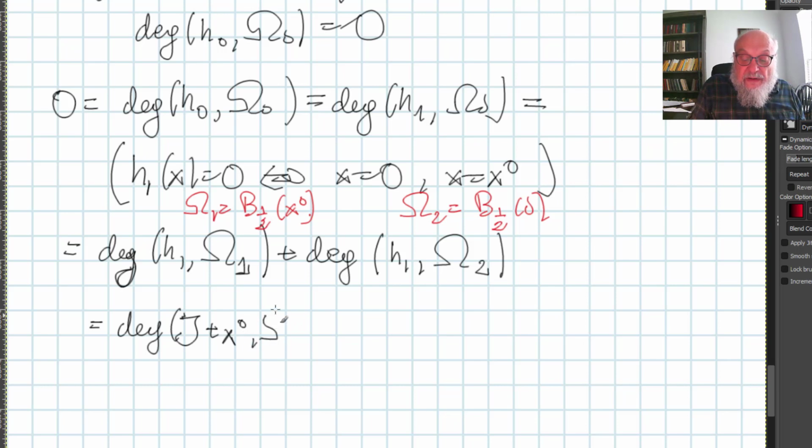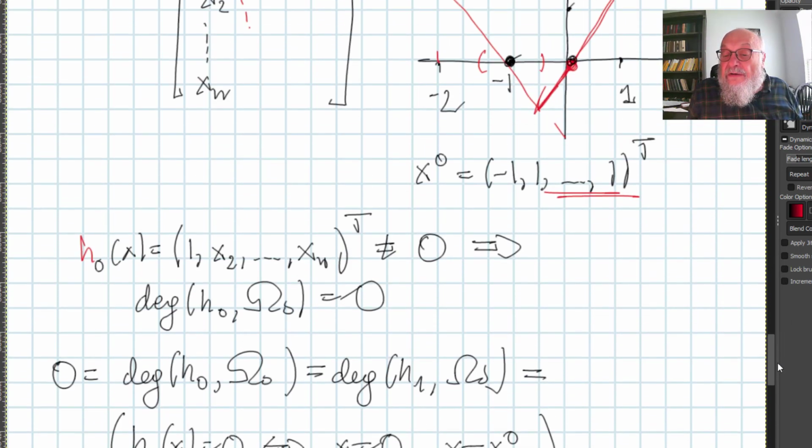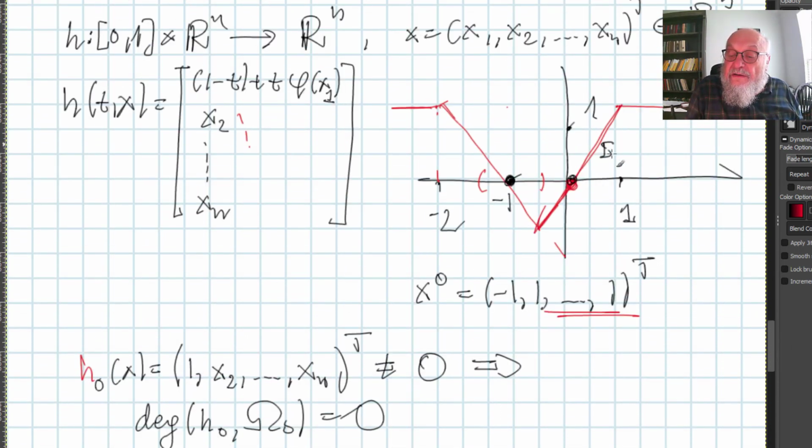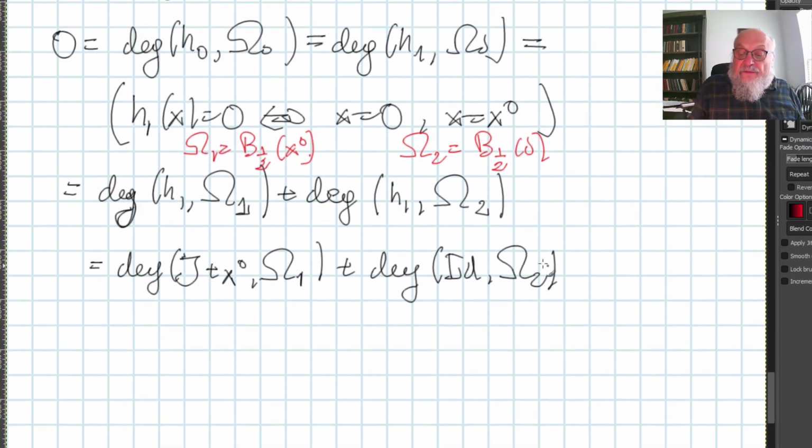And the second one is the degree of the identity on omega 2. Here is the identity, this is minus identity plus x naught. So the first one by property P3 is equal to 1.